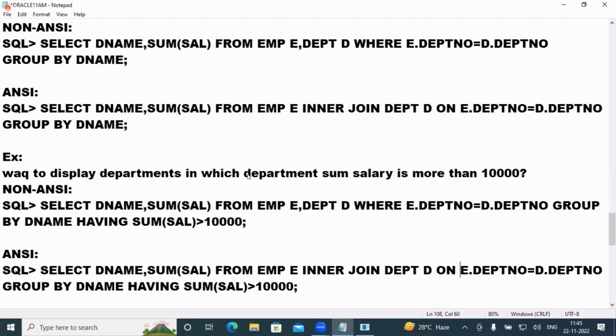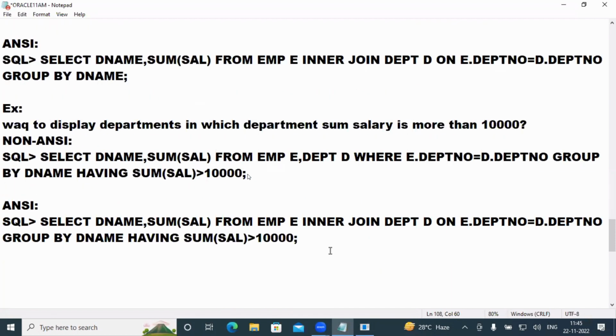First your tables are joined with an equal operator. After joining the tables data with an equal operator, then we call it an equi-join.